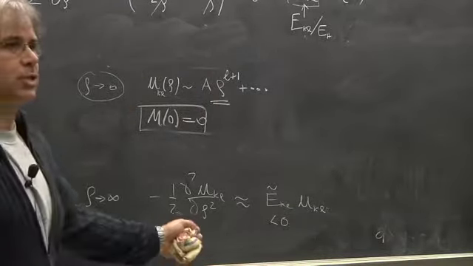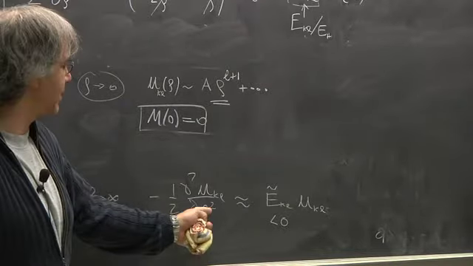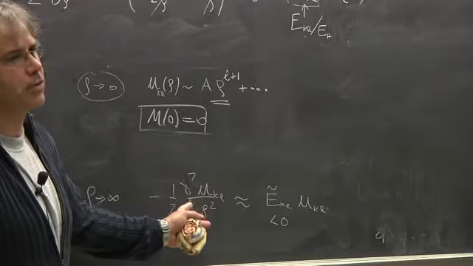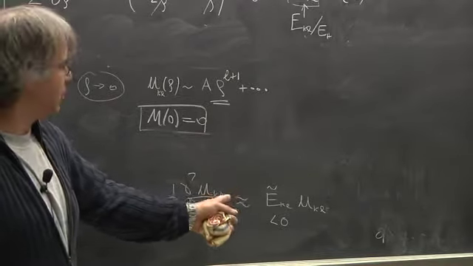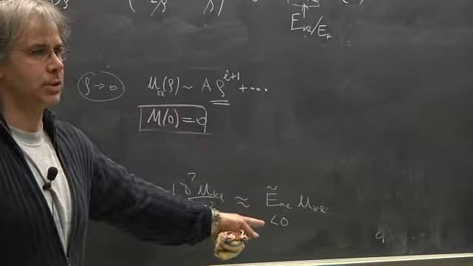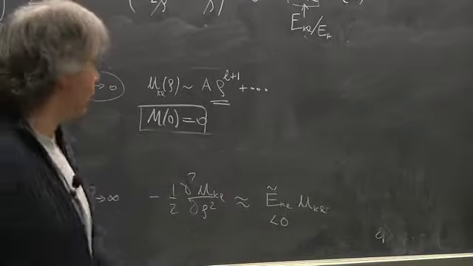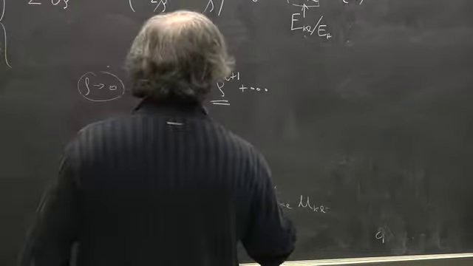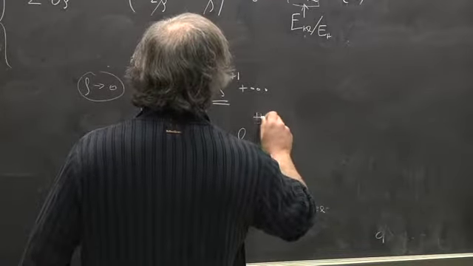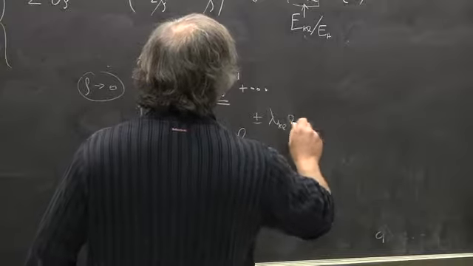Now, you have seen this equation before, right? This is the usual free particle equation. Laplacian, second derivative equal to a constant. However, it's not a positive constant, it's a negative constant. So there are no oscillatory solutions here, but there are the usual solutions that decay. So the solutions of this are, in fact, e to the plus or minus some lambda times rho.